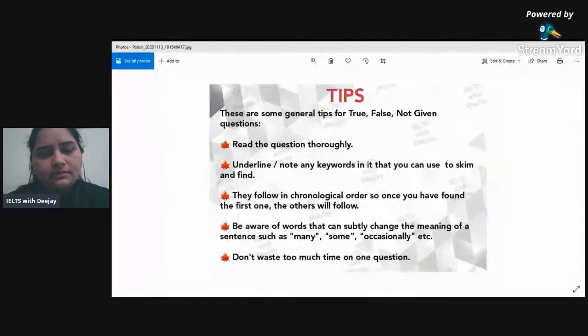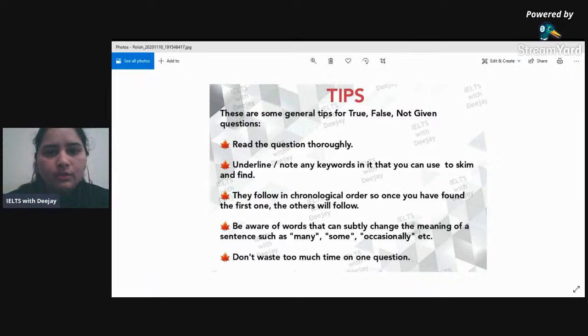Then, the answers will be in the order of the text. So if you found the first question, the second question and third question, they will be in order. Suppose you're able to find the first and third question, but not the second one. You need to find the second one in that passage between the first and third. It will be easy for you to locate. If you still can't find it, it means the information is not given.